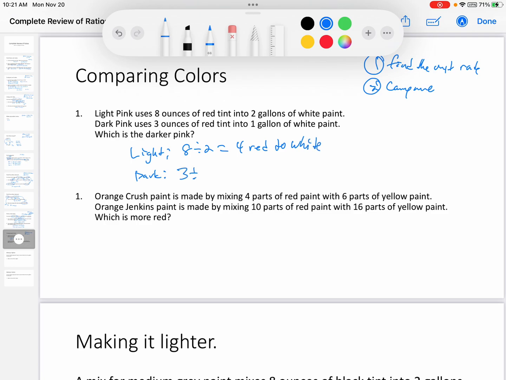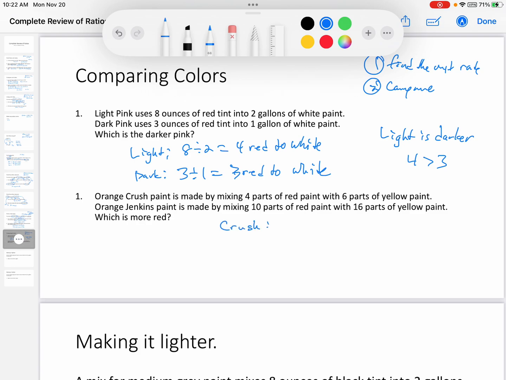Dark pink, 3 divided by 1 is 3 red, 2 white. Which is darker? The one with more red, so therefore the light pink is darker, because 4 is greater than 3. Okay, let's do the next one.